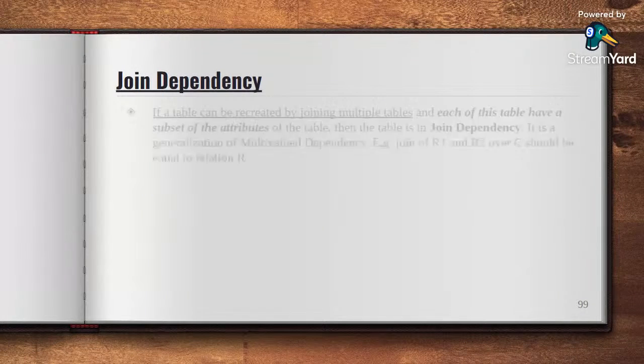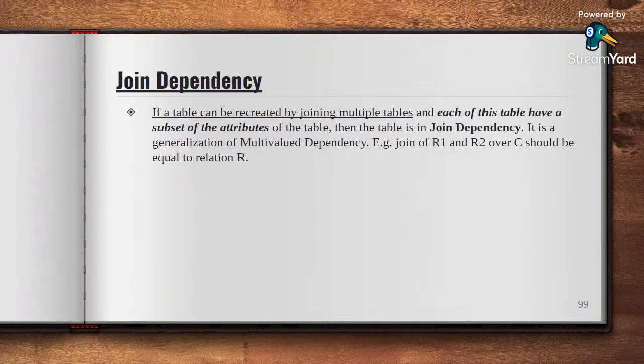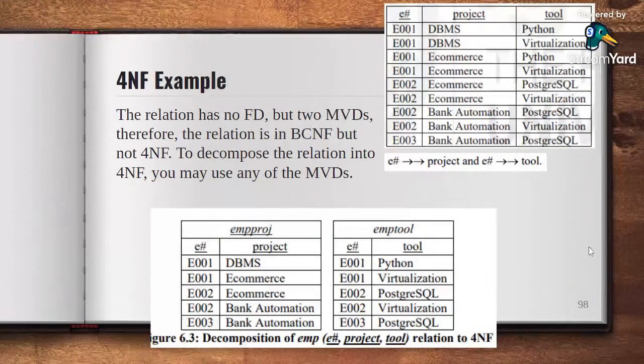Join dependency. If a table can be recreated by joining multiple tables and each of these tables has a subset of the attributes of the table, then the table is in join dependency. What is the meaning of a subset of attributes?